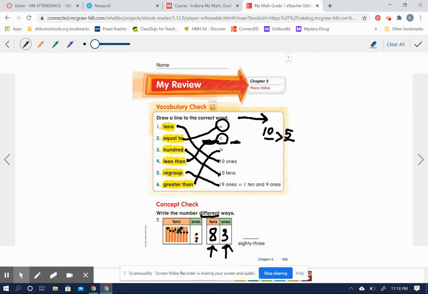And the standard number here, this word says 83. 8 tens and 3 ones. Now let's count them and see if that's reasonable. Here's 10, 20, 30, 40, 50, 60, 70, 80, 81, 82, 83. It is reasonable. Good job.